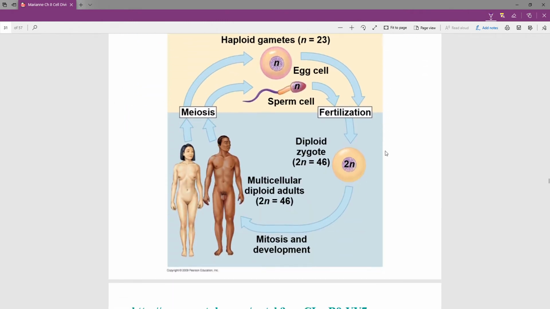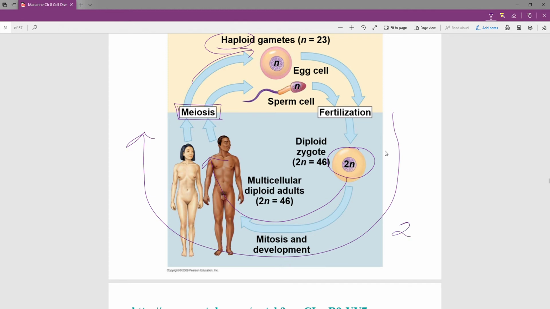So this is the life cycle in humans, and so you have mitosis, from this idea of conception on, growing into multicellular organisms. At maturity, then you can have meiosis happening to create the gametes that are haploid. And so everything down here would be diploid, or 2N.